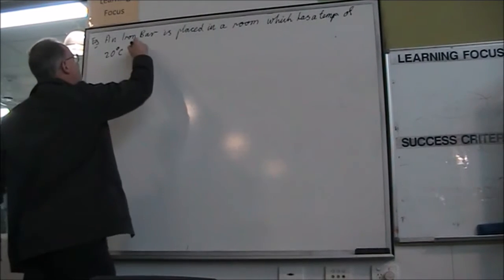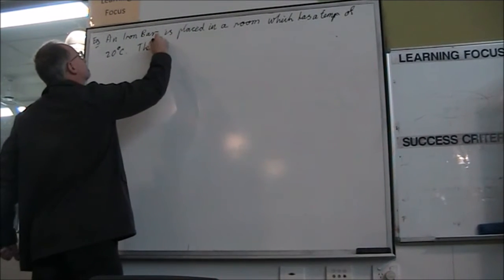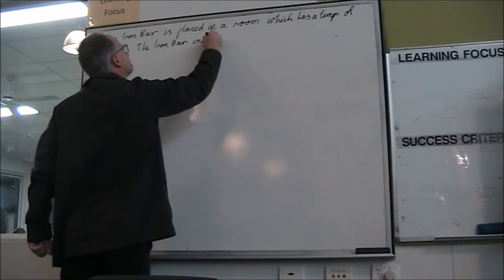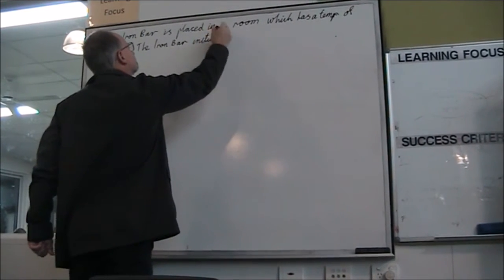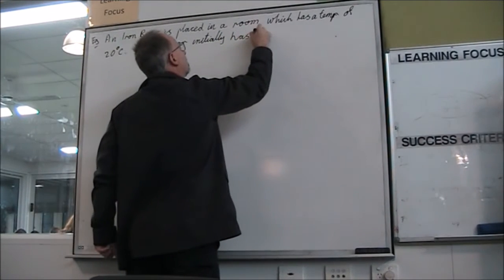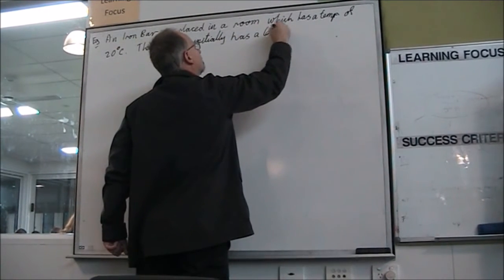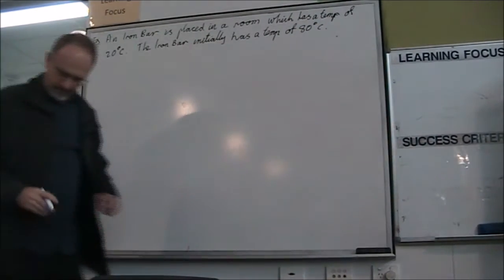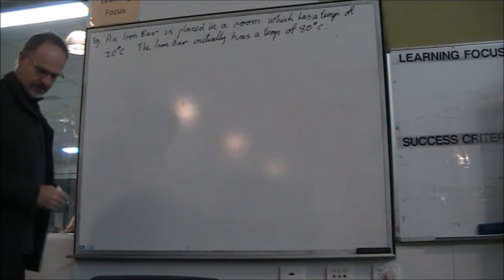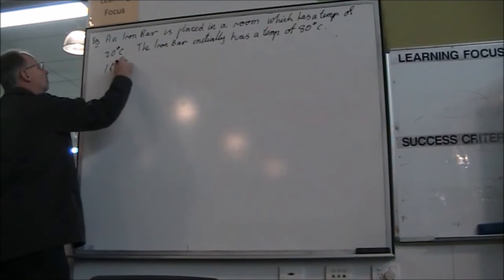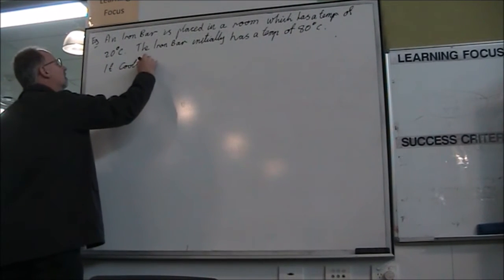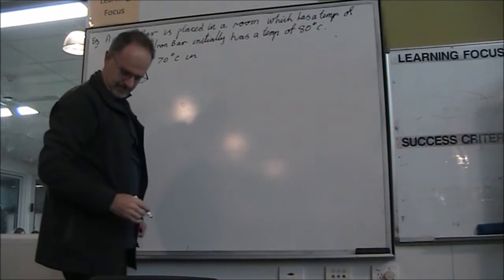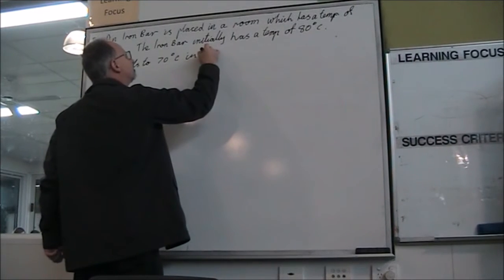Excuse me, the iron bar initially has a temperature of 80 degrees Celsius. It cools to 70 degrees in 5 minutes.